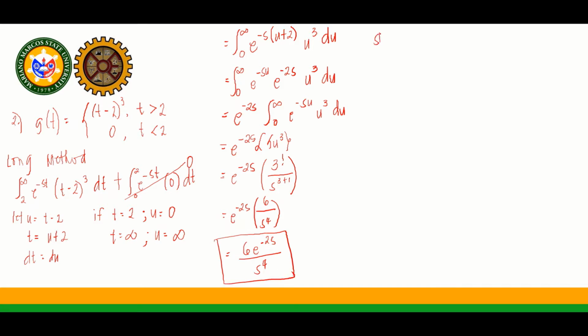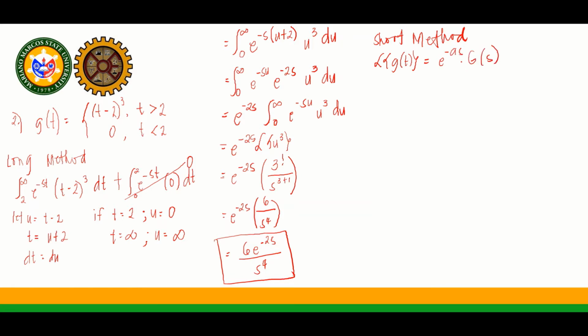Let's try the short method. For the short method, we can just recall the formula from the definition: the Laplace of g of t is equal to e raised to negative as and then g of s.